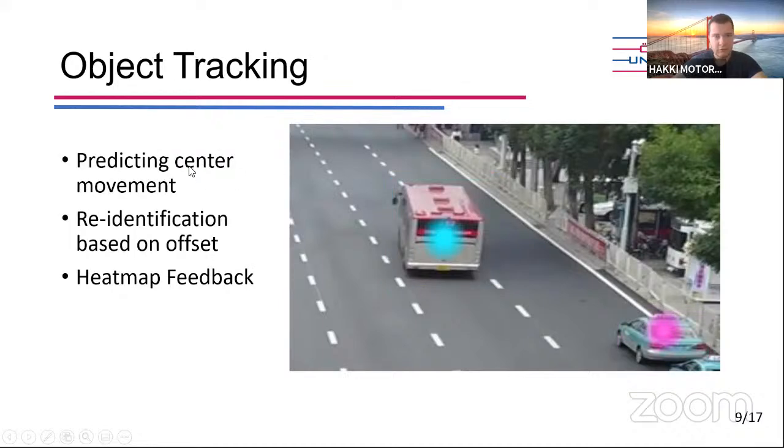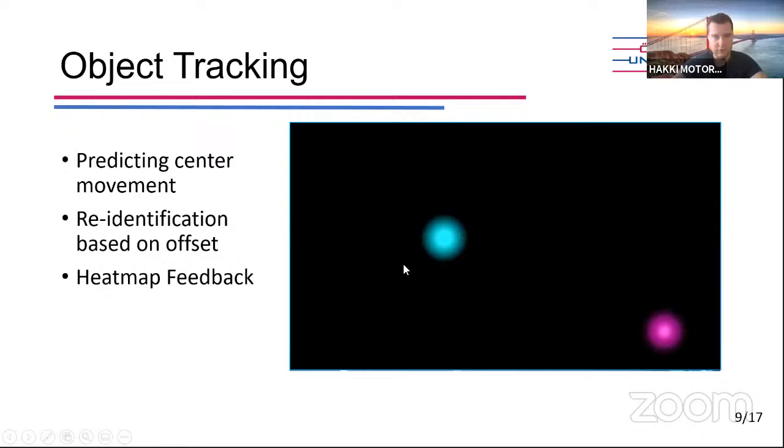And in object tracking, we want to predict the movement of each center since we are using a joint detection and tracking procedure. If this bus moves like that, we want our model to give this kind of vector offset to predict where this bus will be in the next frame.